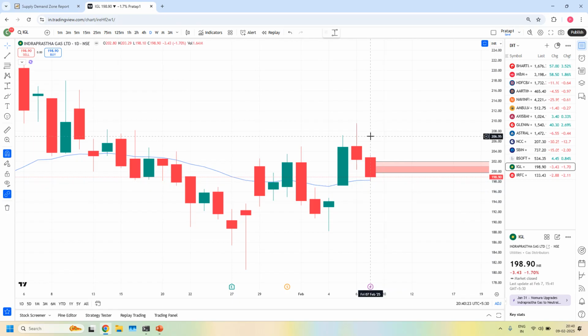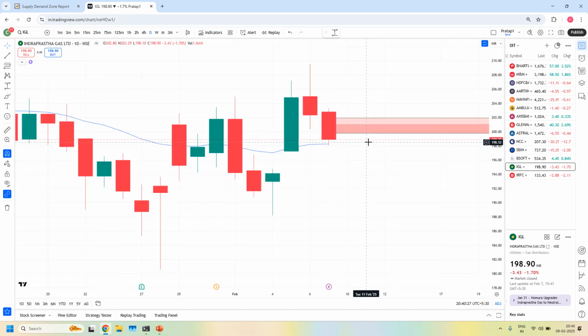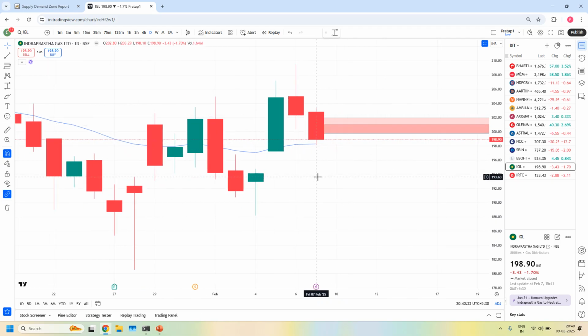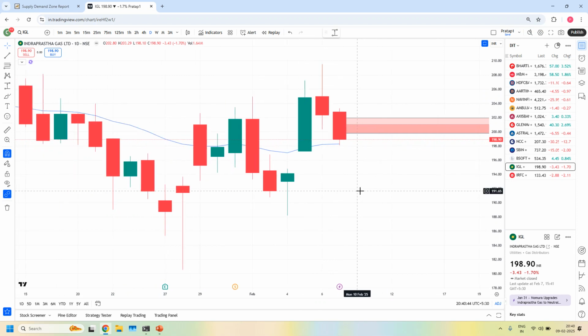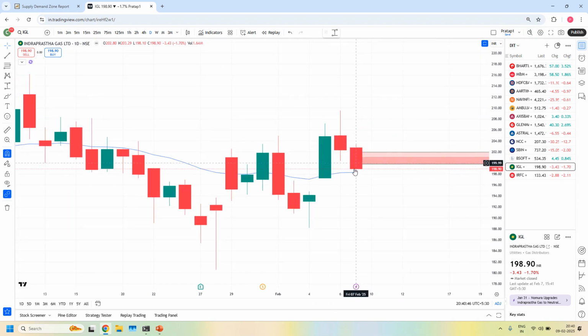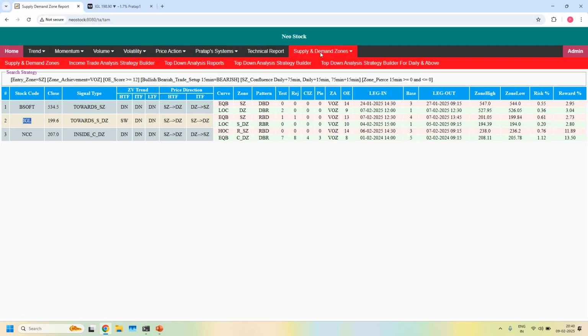I have some concern. Does the software consider this as an imbalance started here? For our point of view, this is a small candle, but if imbalance is started, according to the software calculations, this could be a leg out candle. According to us, this is a medium sized candle, but we will see in the software what it is suggesting in the daily zone.